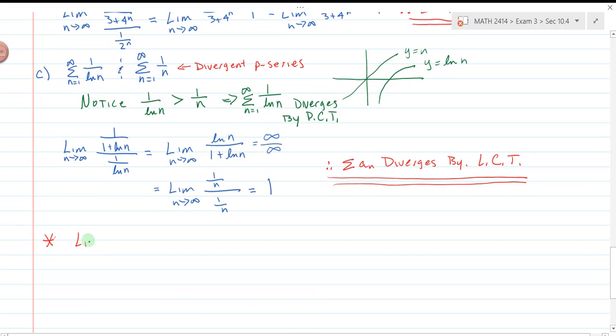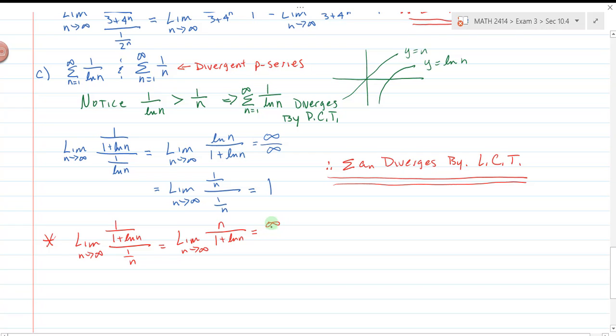If we look at the limit as n approaches infinity of 1 over 1 plus the natural log of n divided by 1 over n, that's going to give us the limit as n approaches infinity of n divided by 1 plus the natural log of n.